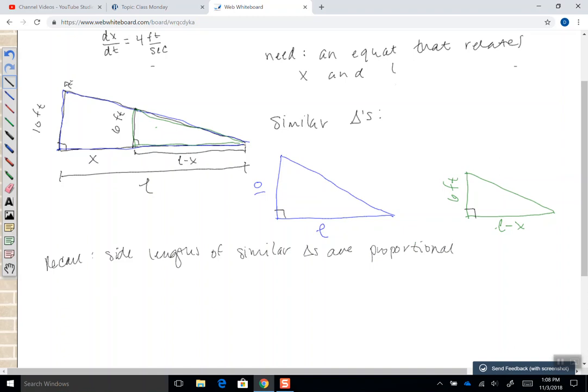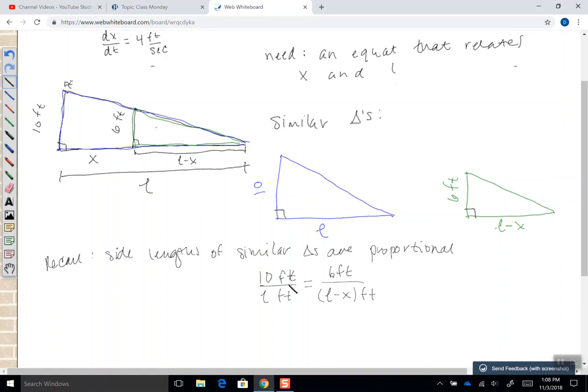This means that if I take the ratio 10 feet over L feet for my big triangle, that's going to be equal to my little triangle, which is 6 feet over L minus X feet.